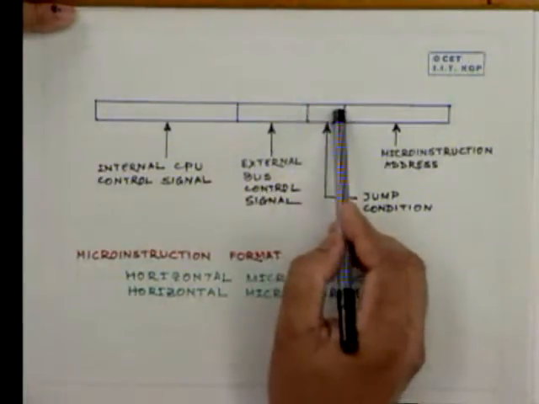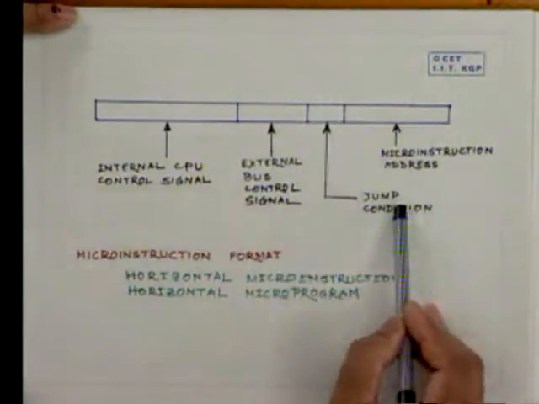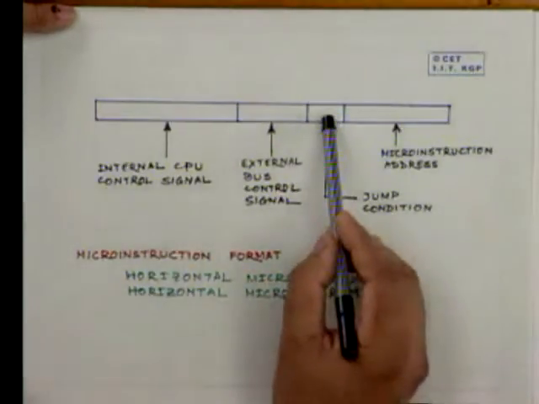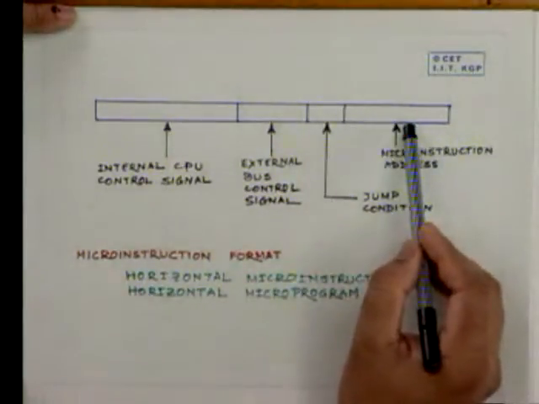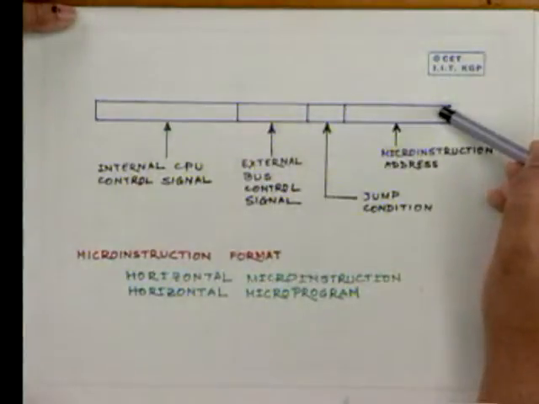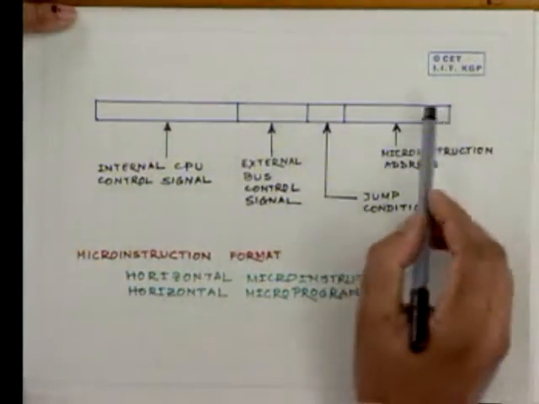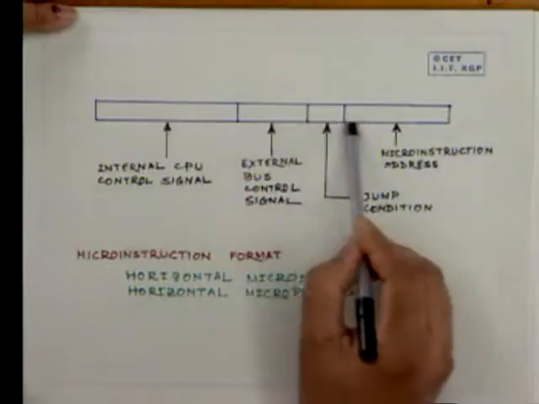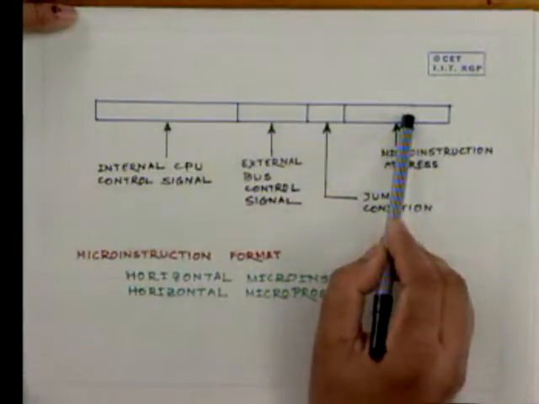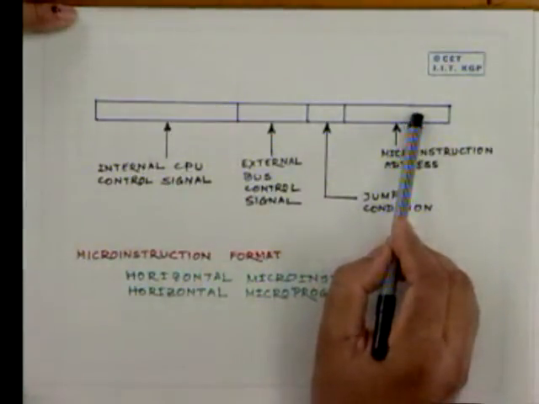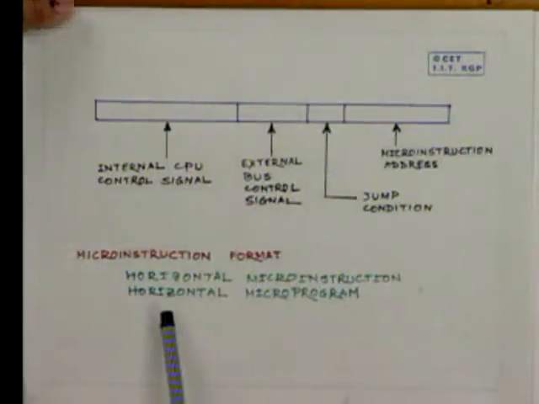There will be a jump condition, depending upon which the address of the next micro instruction is to be taken, and then the address field gives us the address of the next micro instruction, where to jump to if the jump condition is satisfied.